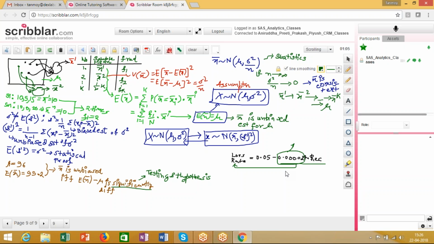So if I call this the beta hat, I'll say the null is that beta hat is equal to 0, versus beta hat not equal to 0.